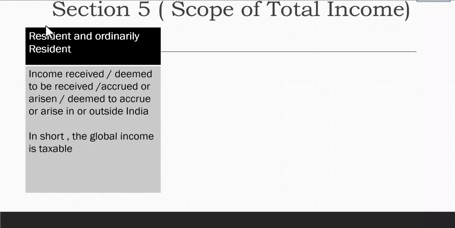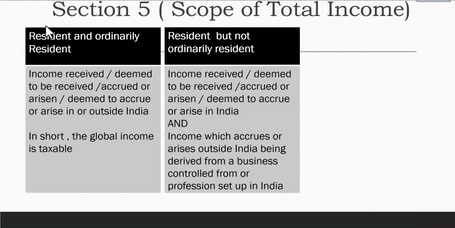Now, we call a person who is resident as resident and ordinary resident. There are two classifications of resident: one is resident and ordinary resident, another is resident but not ordinary resident. Again, in this case also, the income received or deemed to be received, accrued or deemed to accrue or arise in India, all of it will be taxable, as in the case of a resident.